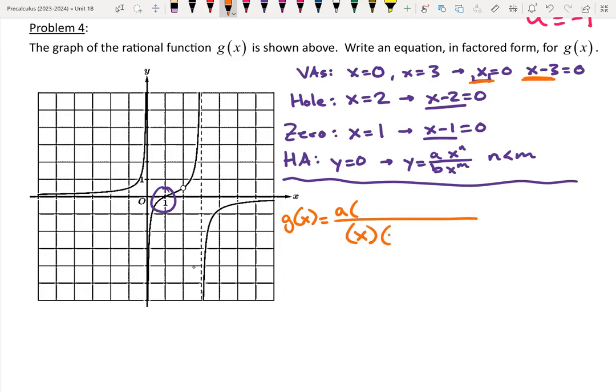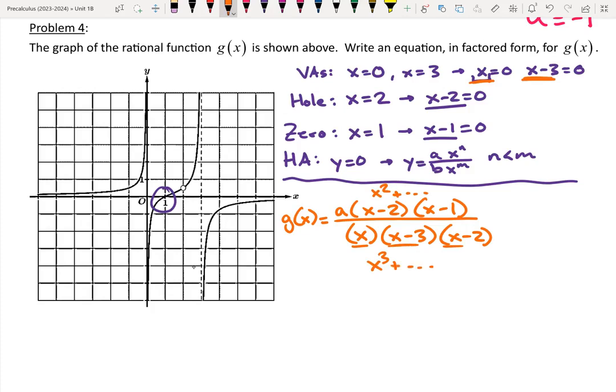We also have a hole at x minus 2, so I'm going to put that in, x minus 2, top and bottom. We have a 0 at x minus 1, so x minus 1. And horizontal asymptote at y equals 0, meaning the top power has to be less than the bottom power. Well, if I multiply all this out, I would have x squared in the top, and in the bottom, if I multiply all that, I would have x cubed.